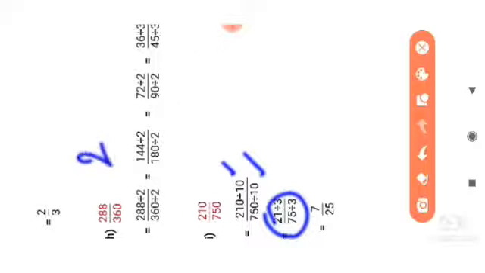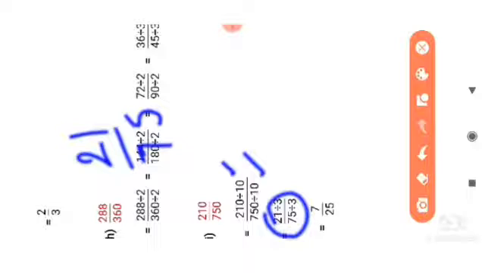So 21 by 75. Now check the two numbers, 21 and 75. Both are odd numbers, no one is even. So what is the common factor? By which number can we divide again? Yes, according to the divisibility rule, 21 is divisible by 3 and 75 is also divisible by 3.